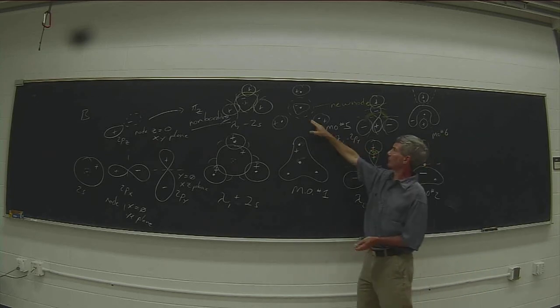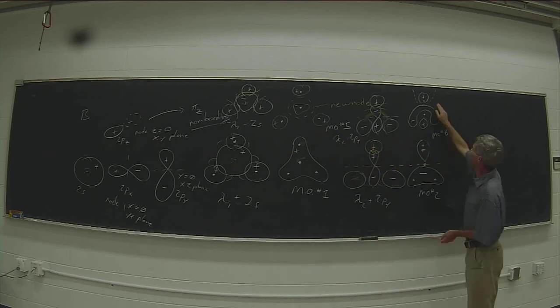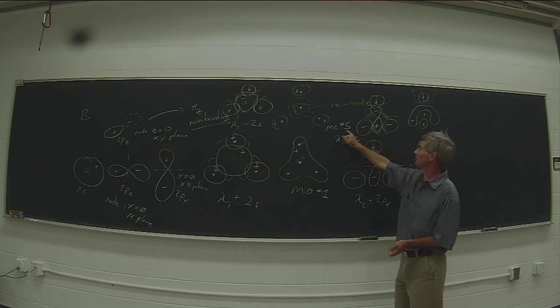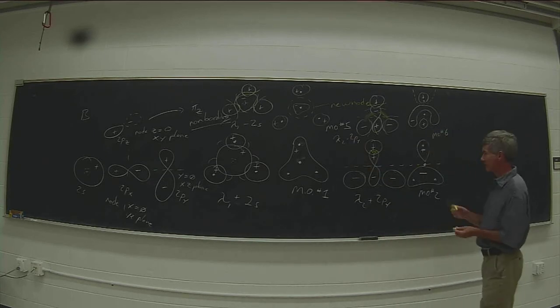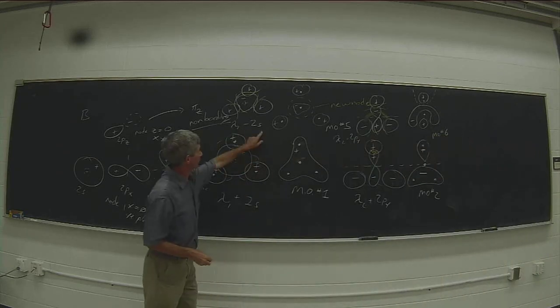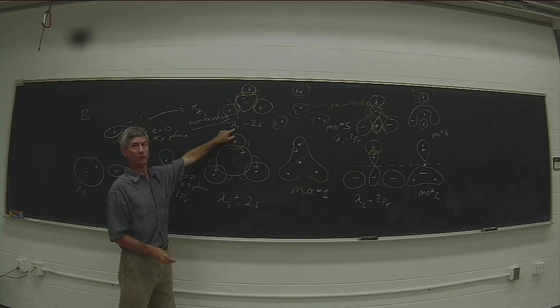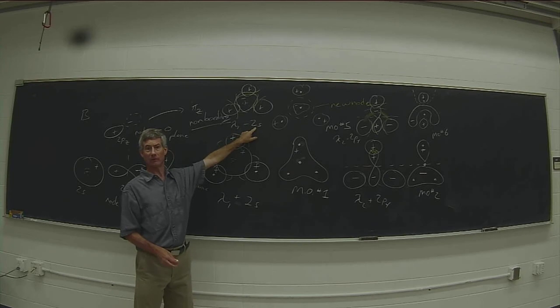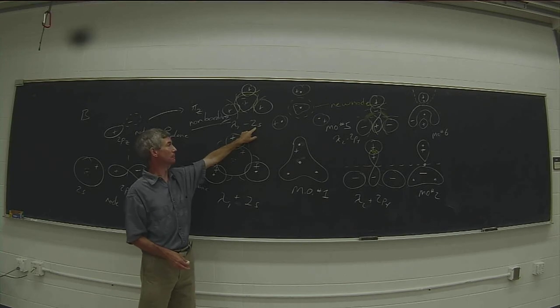Just one spherical node here, two parabolic nodes here, so MO number 6 would be expected to be a little bit higher in energy than MO number 5. That should make sense anyway, because MO number 5 was formed from lambda 1, which is the lowest energy of the ligand group orbitals, and 2s, which is the lowest energy of the valence orbitals on boron.